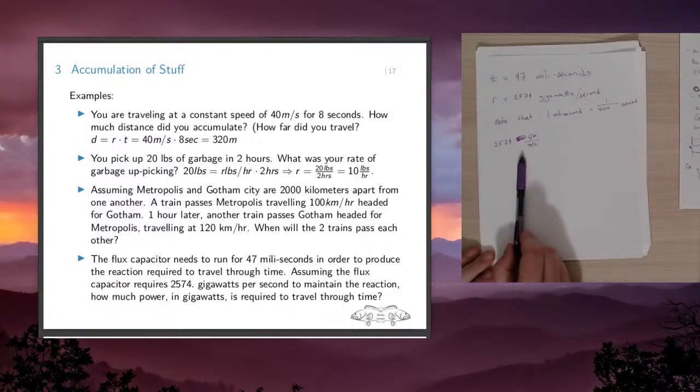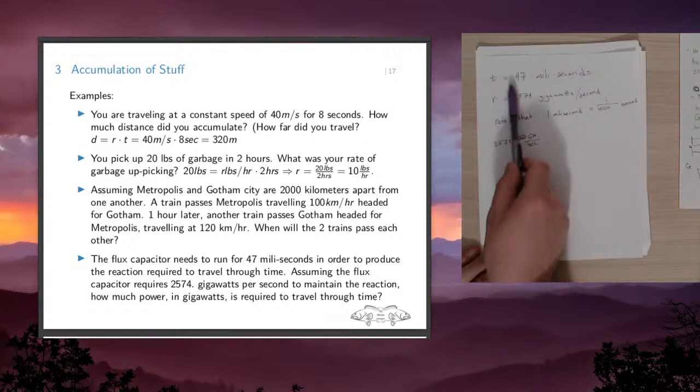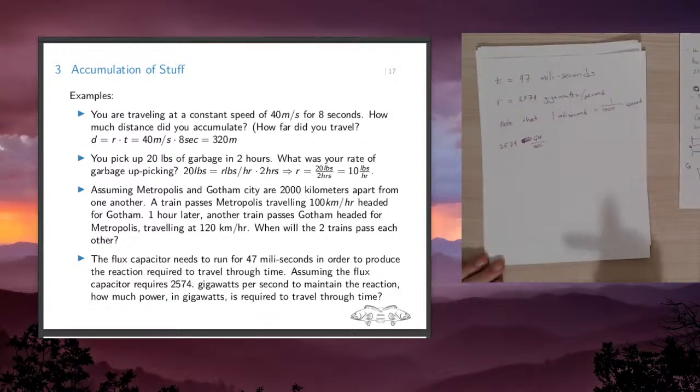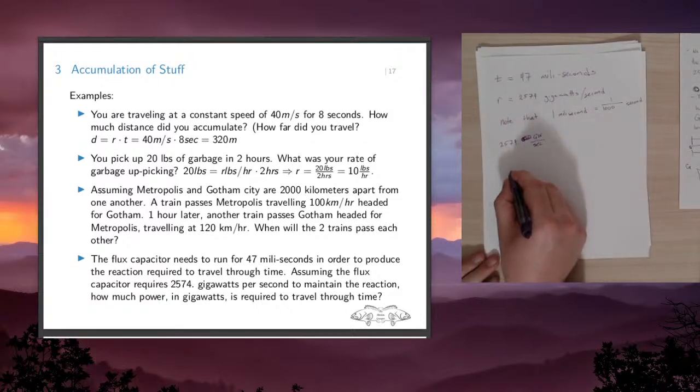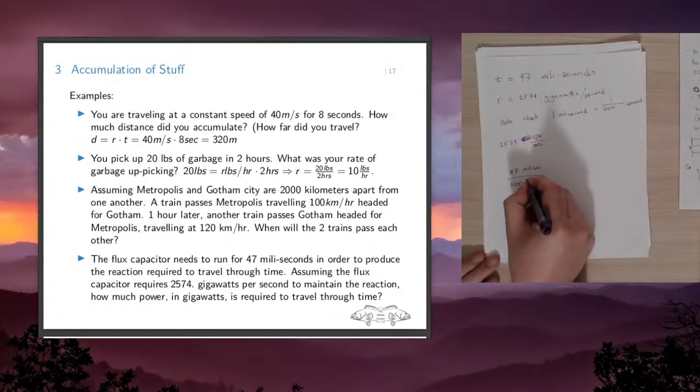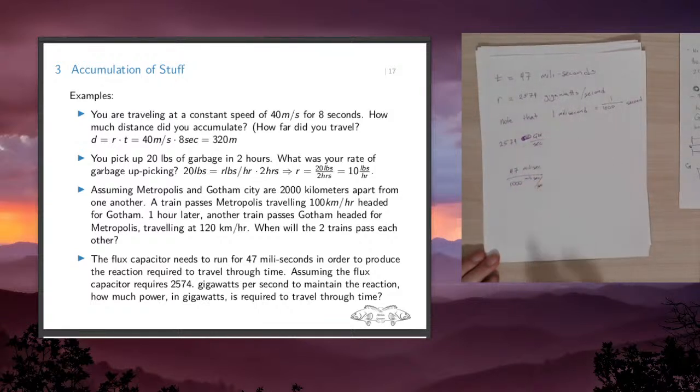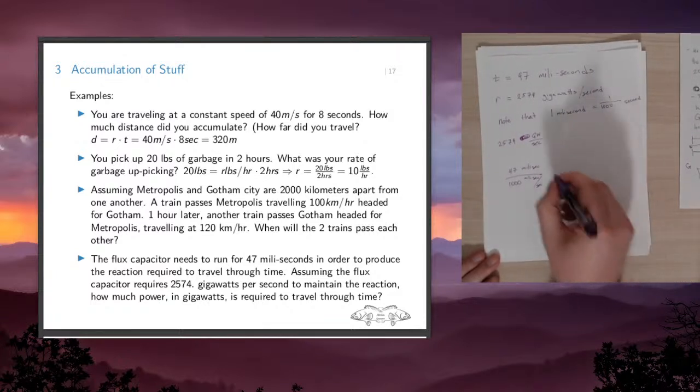So let's just change milliseconds into regular seconds. That means 47 milliseconds divided by 1,000 milliseconds per second. Notice again, the milliseconds will cancel and we'll get 1 over seconds.